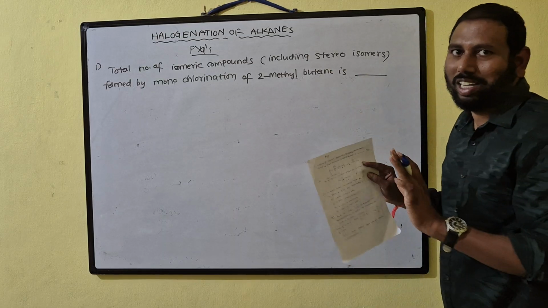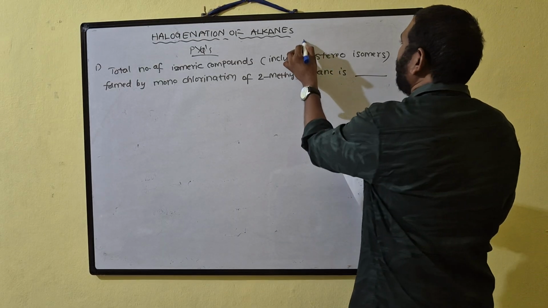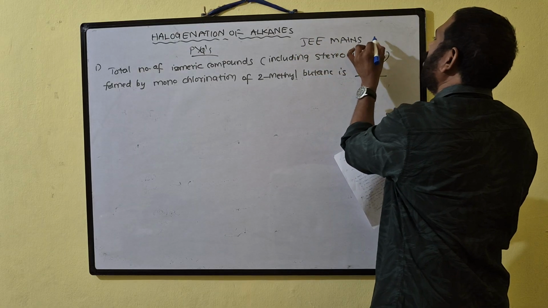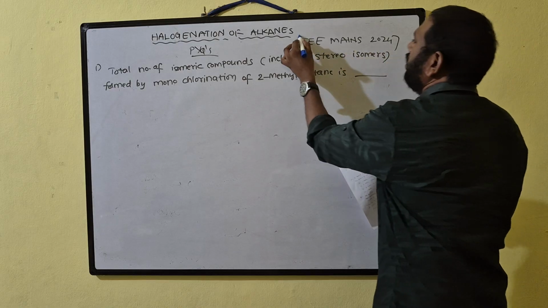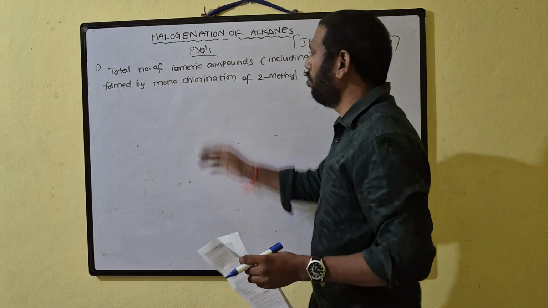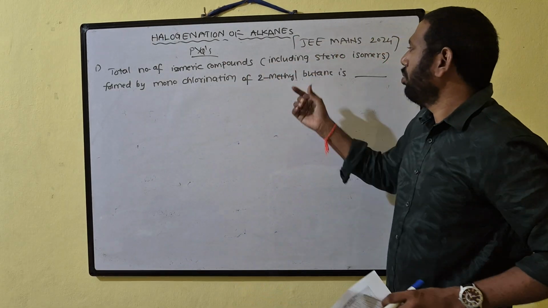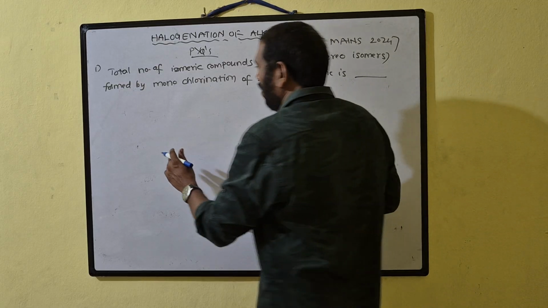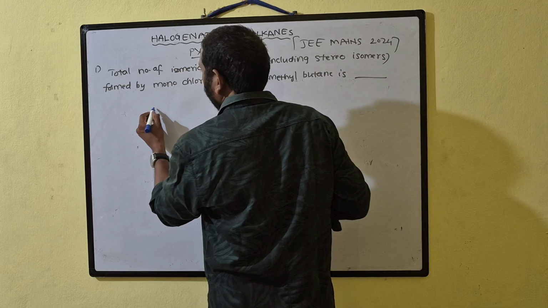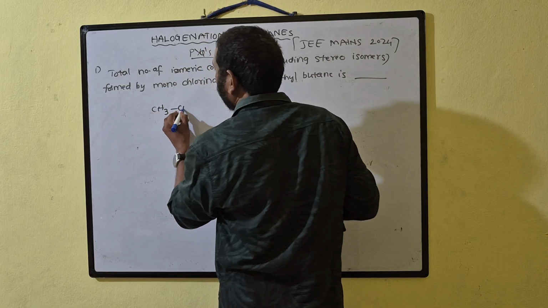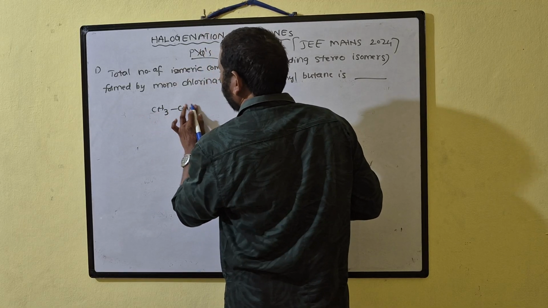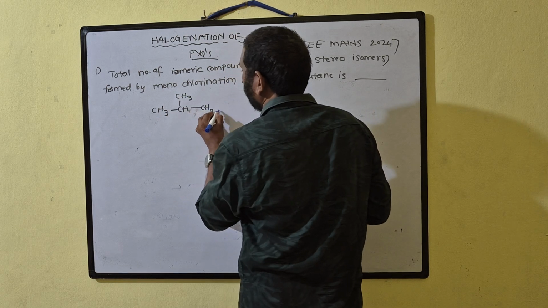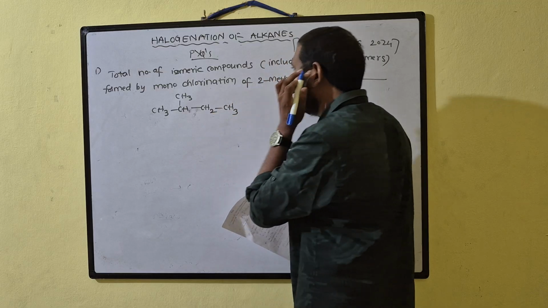It is one of the numerical questions from JEE Mains 2024. He is asking the total number of isomeric compounds formed by monochlorination of 2-methylbutane, including stereoisomers. First we have to write 2-methylbutane, CH3-CH(CH3)-CH2-CH3.